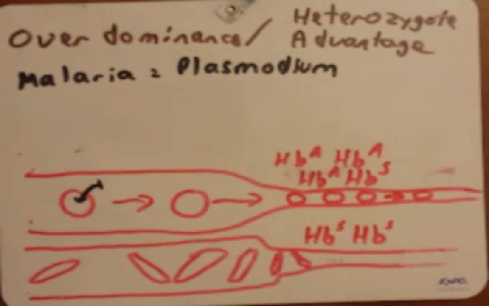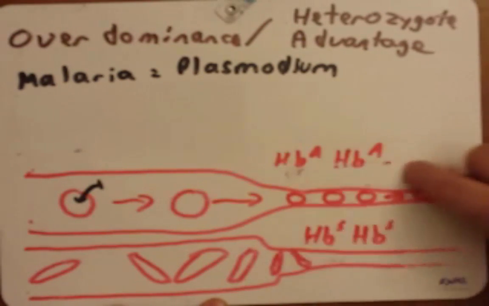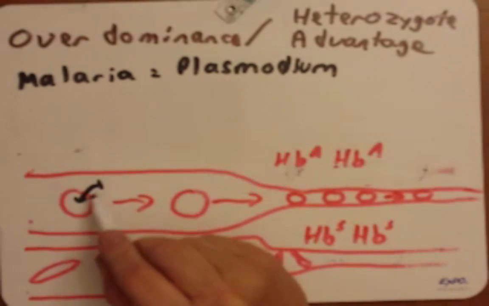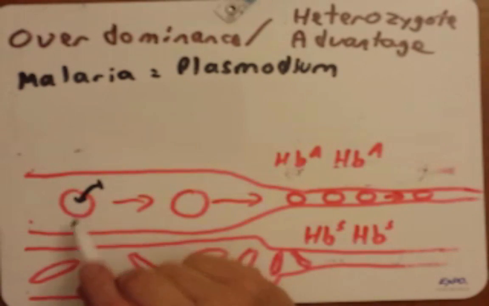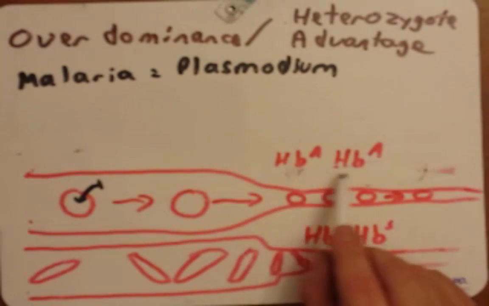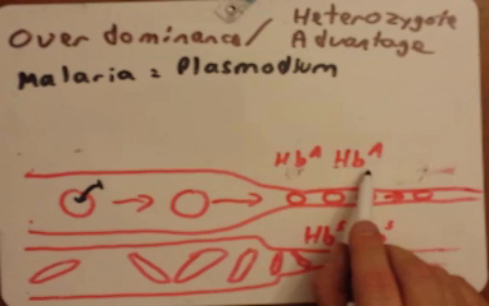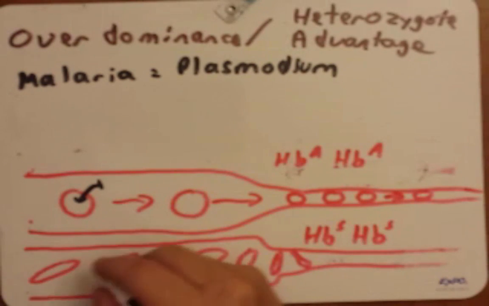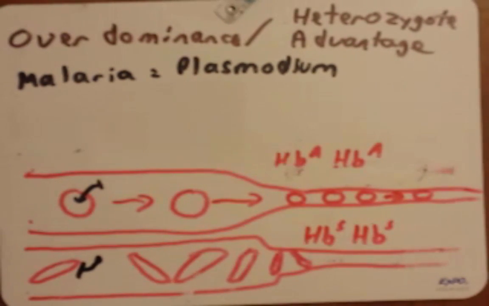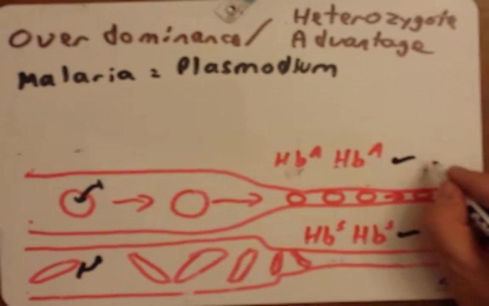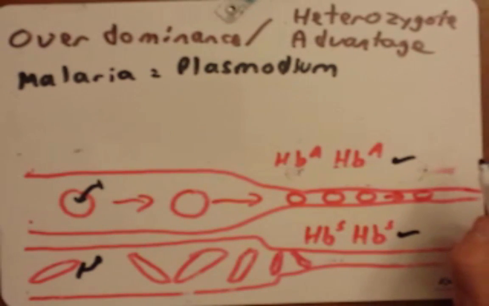Let's erase the heterozygote here. It turns out that plasmodium is very efficient at attacking and killing the homozygous HbA. However, it can't infect the HbS sickle cell. However, there's no advantage to this because that's a decreased life expectancy. There's no advantage to this if you have malaria.